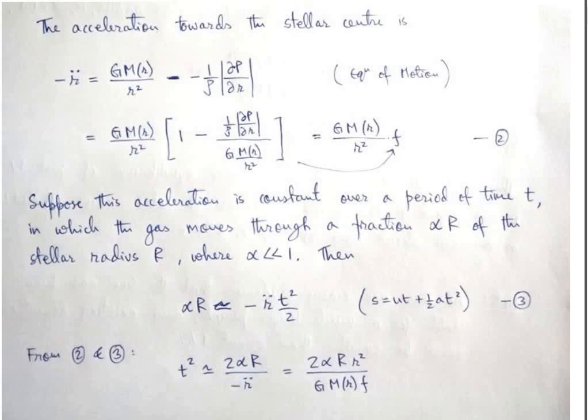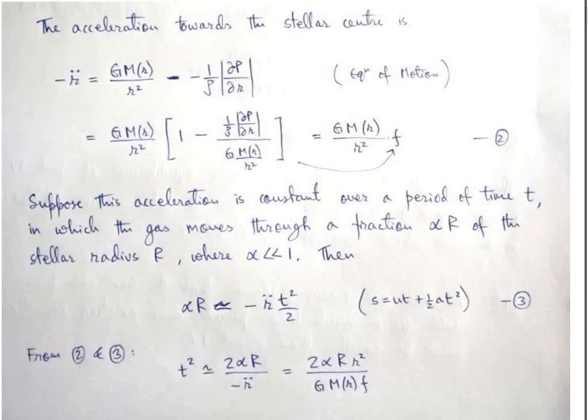Next, let's talk about the acceleration towards the stellar center. Let us use the equation of motion, which we have derived in our class previously, and upon doing this we will get this relation over here. Suppose this acceleration is constant over a period of time t, in which the gas moves through a fraction alpha r of the stellar radius r. I am assuming that alpha is very much less than 1.